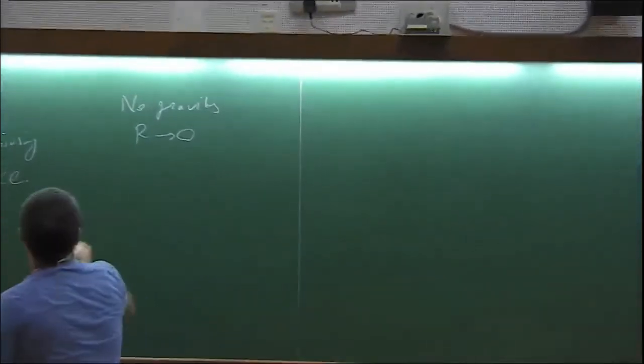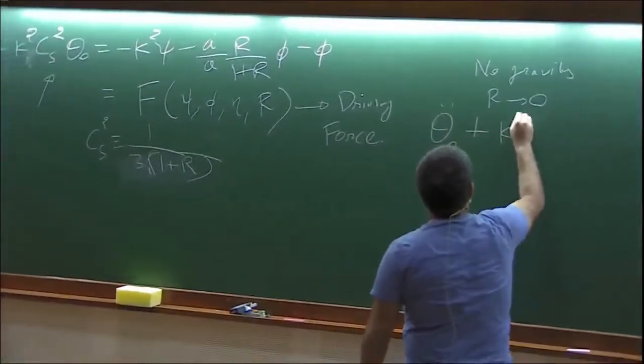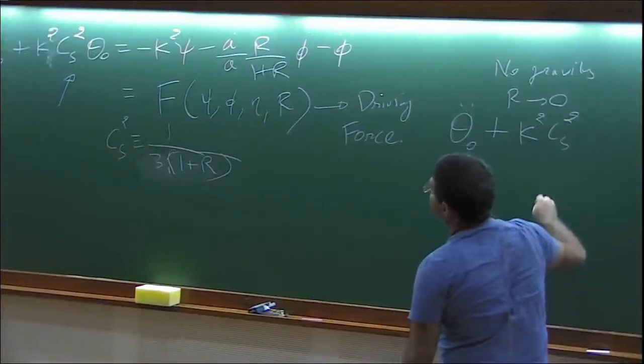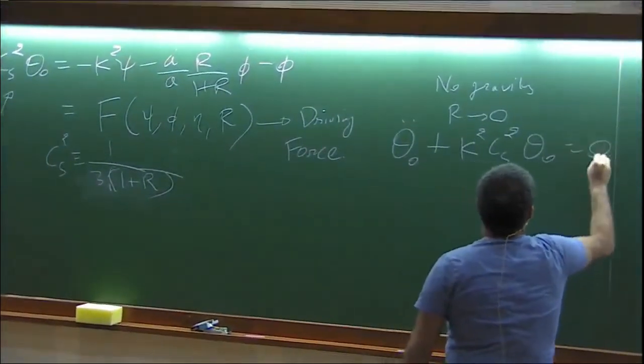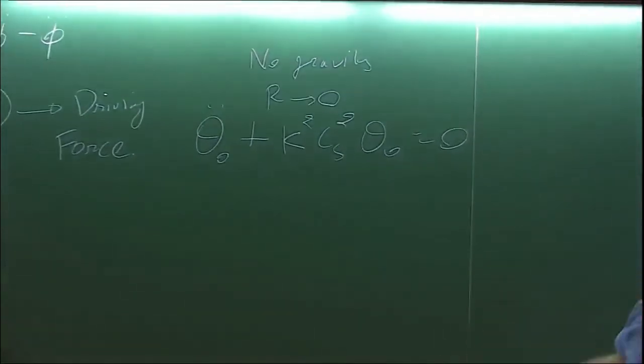And this becomes a very simple equation. It is just θ0 dot dot equals minus k square cs square θ0. You know what the solution for this is. This is just the oscillator. The solutions are plane waves.